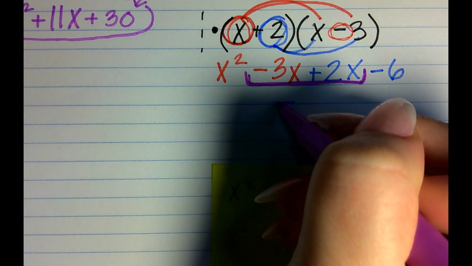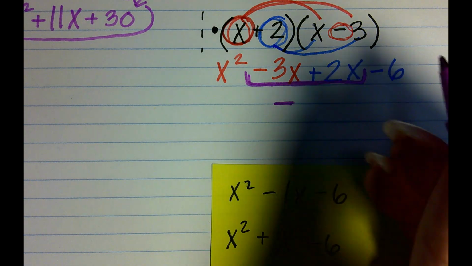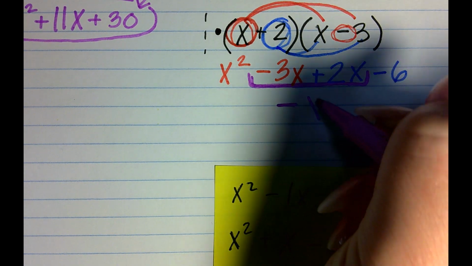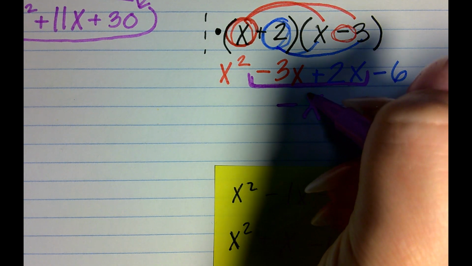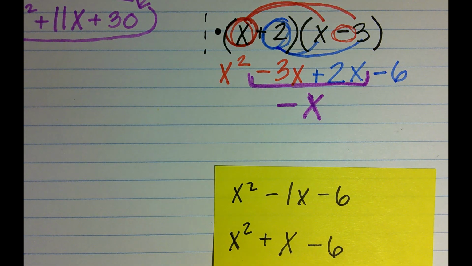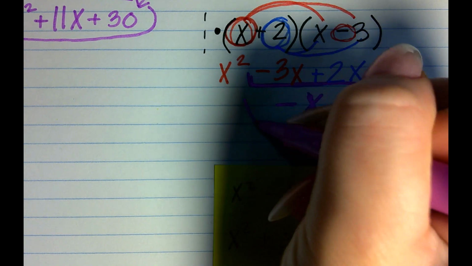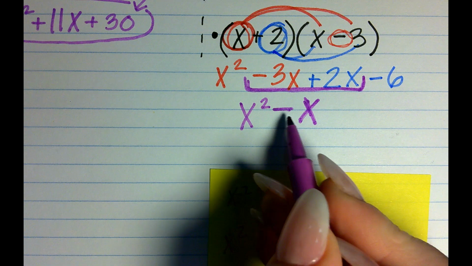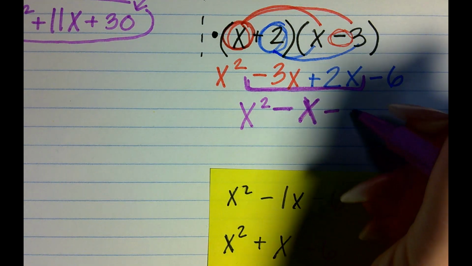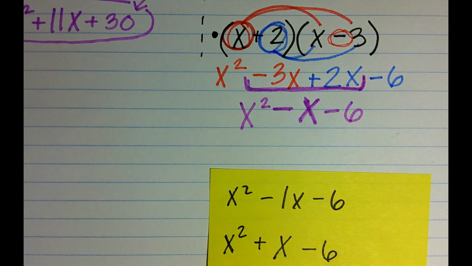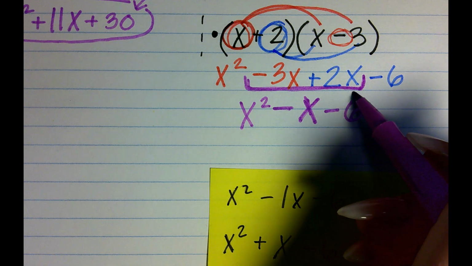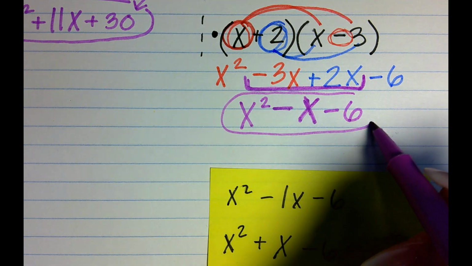So I'm left with negative 1x, or we can just write minus x in the middle. Bring everything down. So I'll get x squared minus x minus 6. That will be our answer.